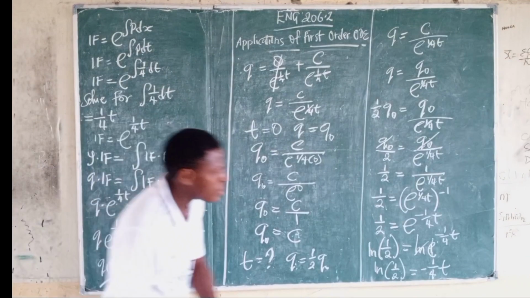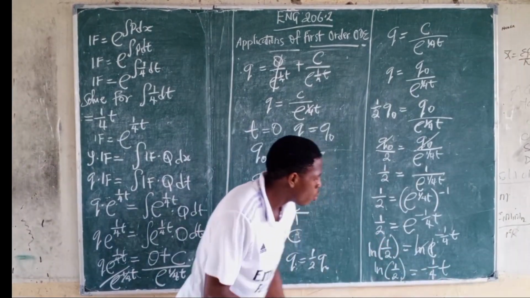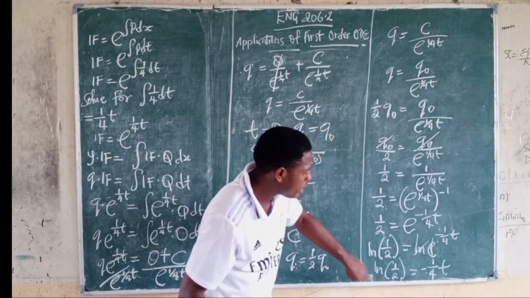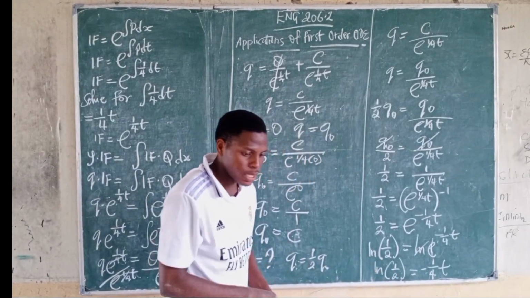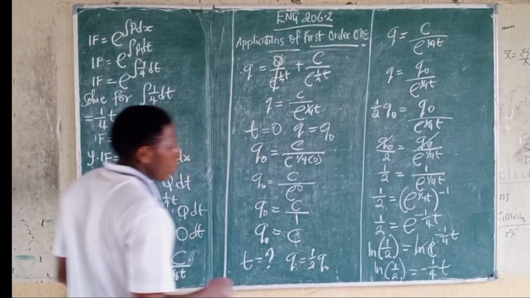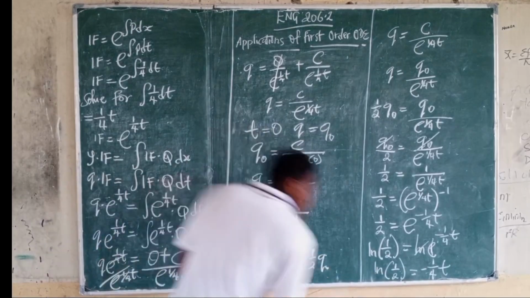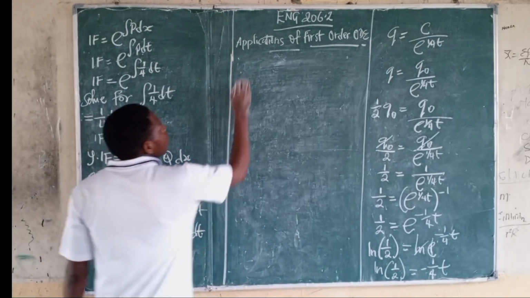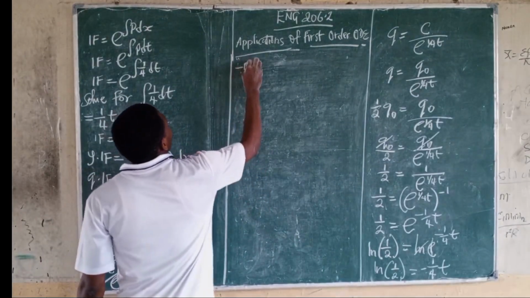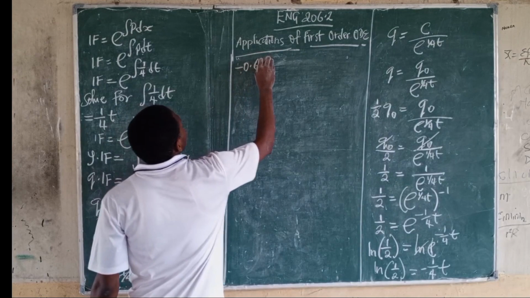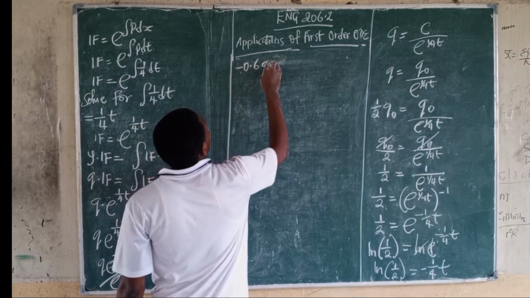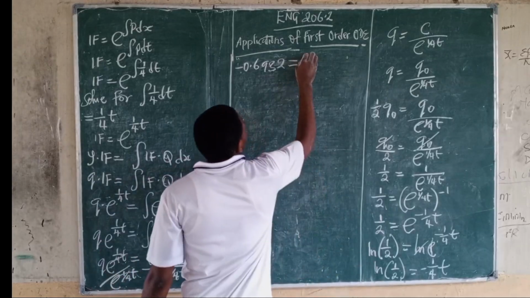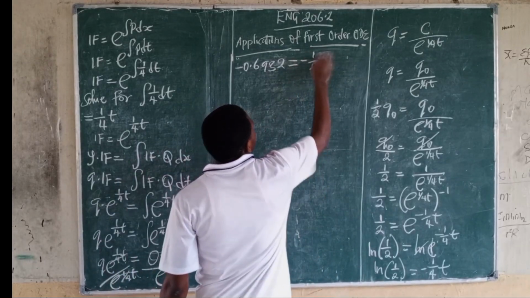Our interest is to get our t. So we can take this to the other side of the equation. But before we take this, let's simplify ln 1 over 2 first. So you can punch ln 1 over 2 on your calculator. You have minus 0.6932 is equal to minus 1 over 4t.